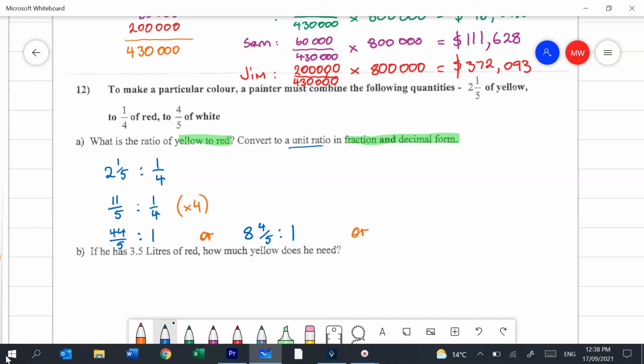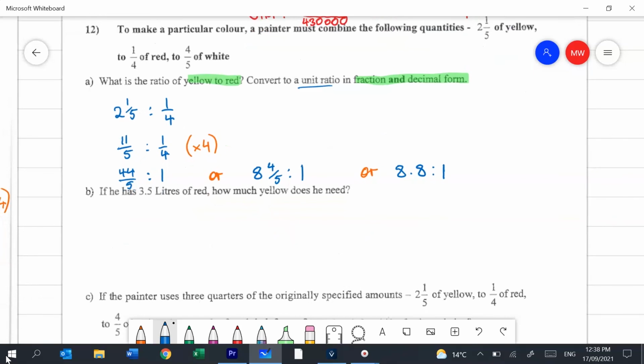So if we've got 8 4/5, we've got 8.8 because 4/5 is 0.8, but you can do it with a calculator if you like. And if you don't know how to do that, on your calculator there'll be an F to D button. If you've got an abacus, you can just push that and it'll switch back and forward between a fraction and a decimal. And on a Casio, it'll be an S to D button. You can just push that and flick back and forward.